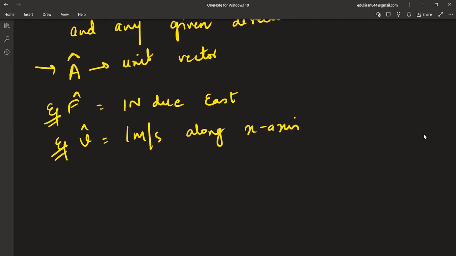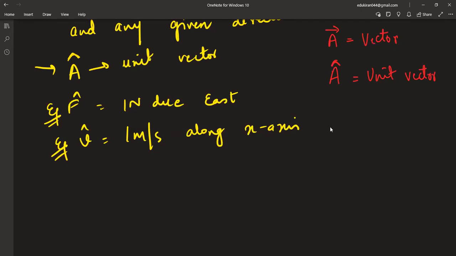It's you who has to identify and make it. Now class, 3 terms I am writing again. Whenever a vector is written with this arrow, this means this is the complete vector. When only a cap is written, this means it's the unit vector. Unit means 1 only.